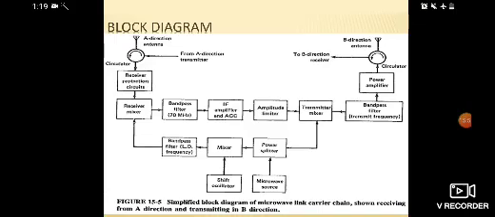So what is the use of the high power amplifier? It amplifies RF signals to a required level. It is usually a traveling wave tube. Generally, we use a traveling wave tube.